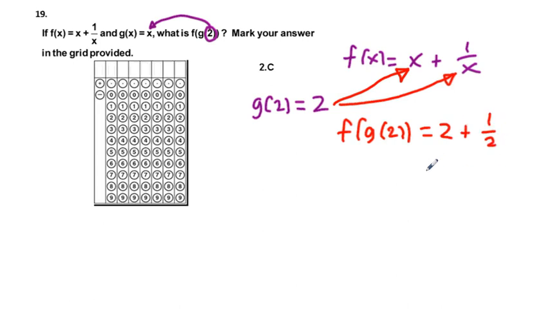Well, 2 plus 1/2 simplifies to 2.5, or 5 over 2. And so we write this in as 2.5, bubbling this in, and to do that we put a 2.5, and we don't have to place a negative sign in there.